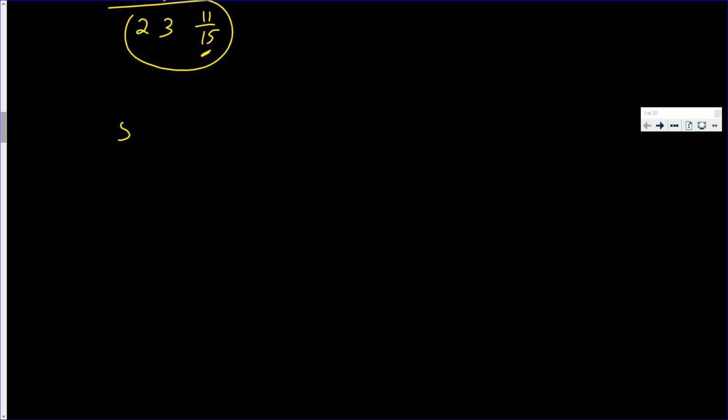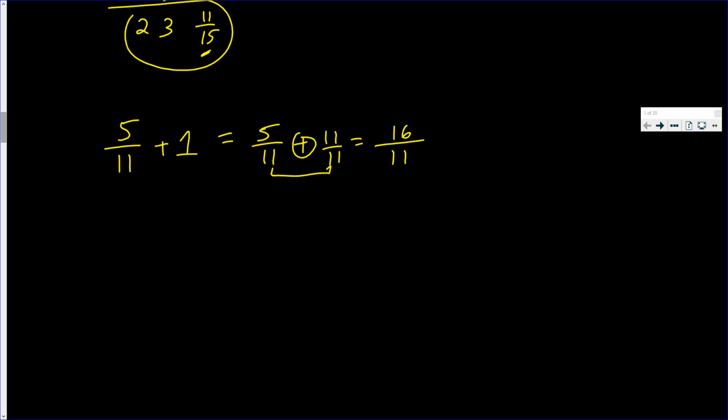Suppose you had 5/11 and you just want to add 1. Now, there's 2 ways to tackle this. You can say 5 over 11 plus, for the 1, say 11 over 11. That way they both have the same denominator, and if they're the same denominator, keep it. 5 plus 11, 16, be on your way.